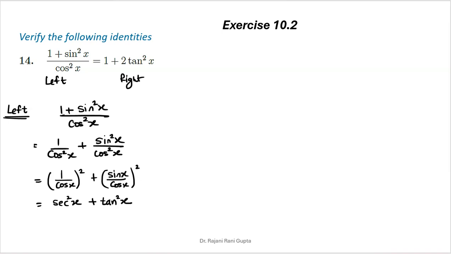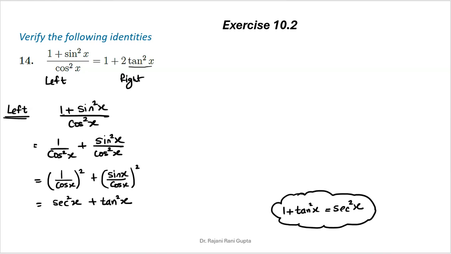Now check what you have to prove. You want to prove it equal to tan. You don't need secant. So just recall, is there an identity that relates secant with tan? Yes, there is. One identity says that 1 plus tan squared x is equal to secant squared x. So use this identity to get your value.